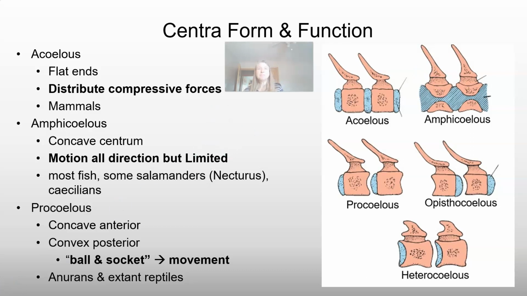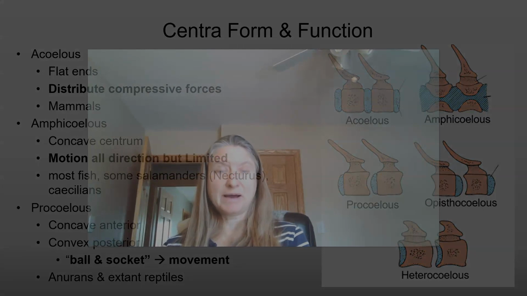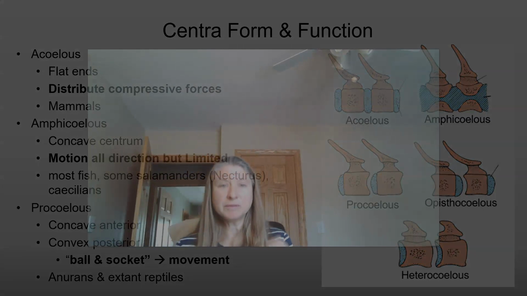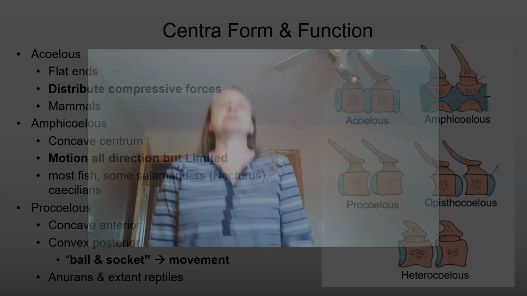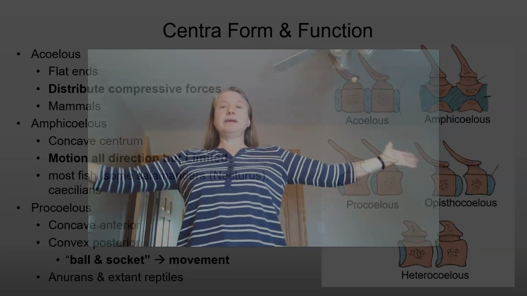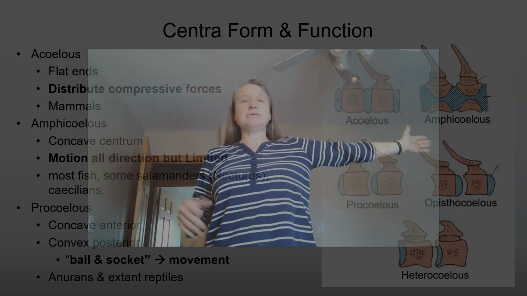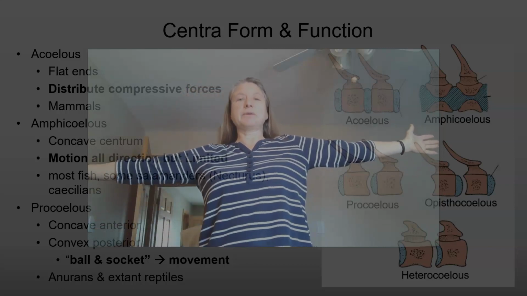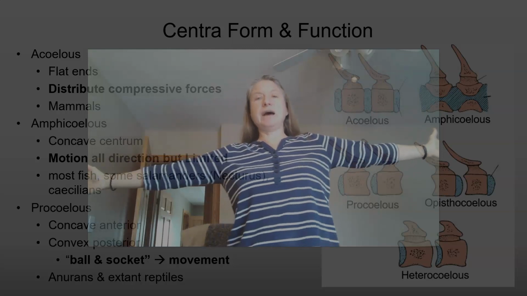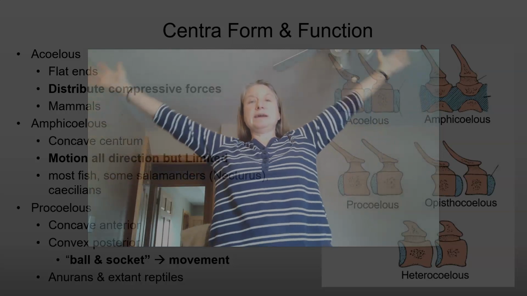Now, I'm going to back up just a little bit and talk about restricting motion. Something that you can stand up and do, and this is kind of an easier way to do it. I know you can't see all of it here, but we're going to take our thumbs out, and we're going to have our thumbs out and up, and we're going to raise our hands over our head.